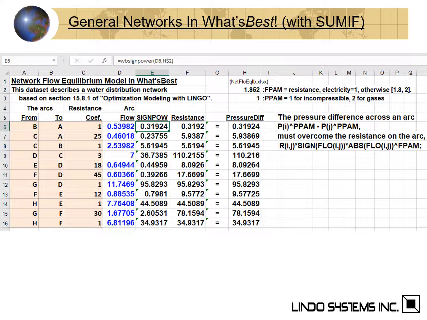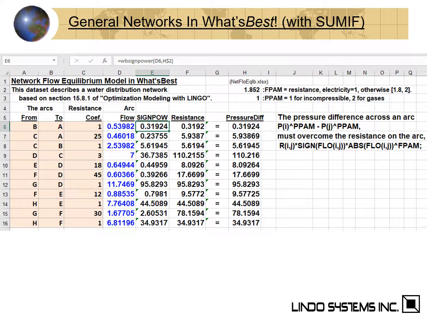Relative to each arc, the interesting constraint is that we have to satisfy the flow equation that says that the amount that flows on an arc has to be related to the pressure difference along the arc.